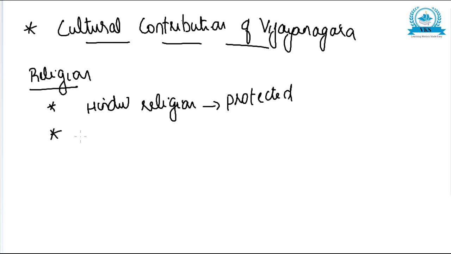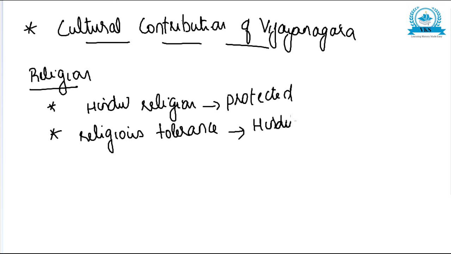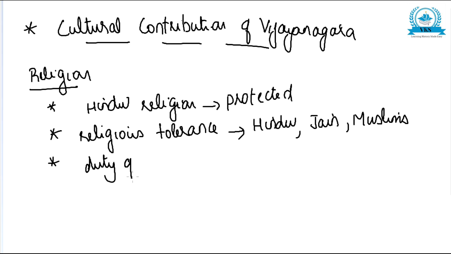There was religious tolerance among the Hindus, Jains and Muslims. So even though Hindu religion was protected, religious tolerance existed during the time between Hindus, Jains and Muslims. It was the duty of the king to safeguard every religion of the empire.